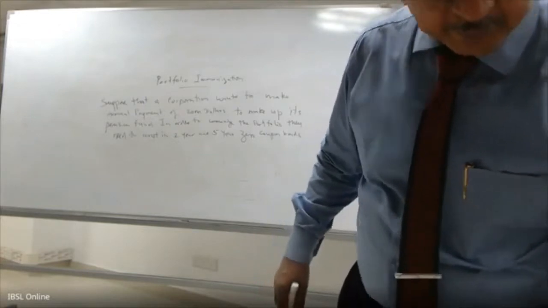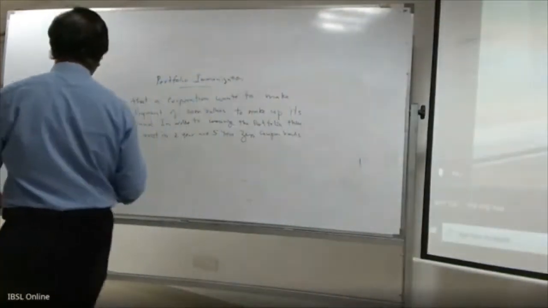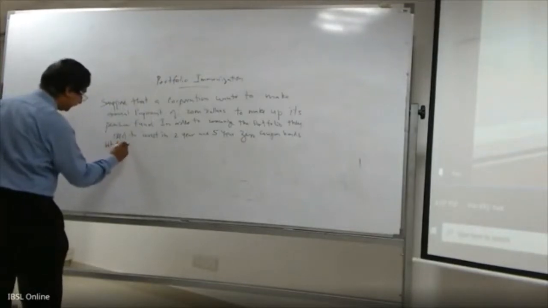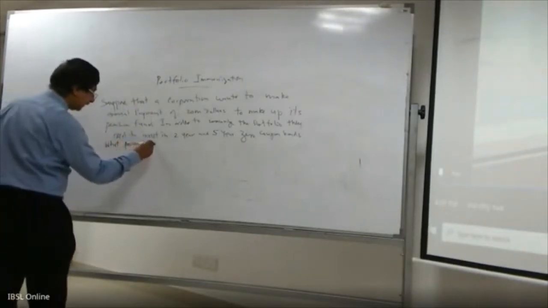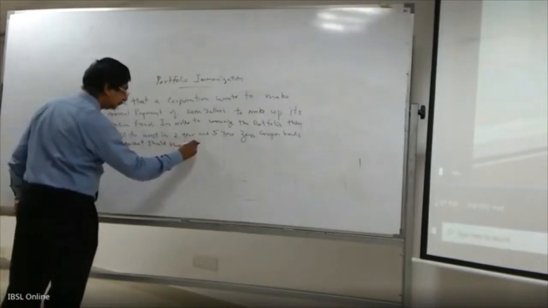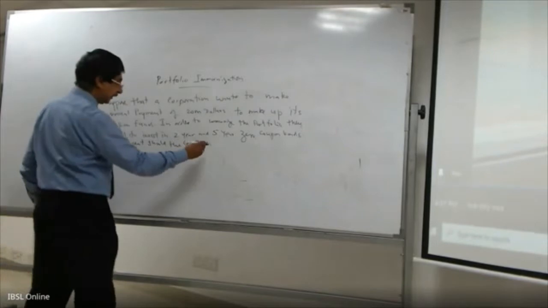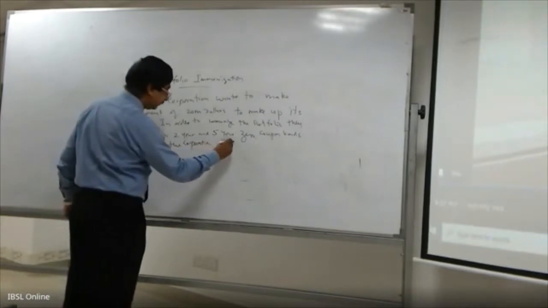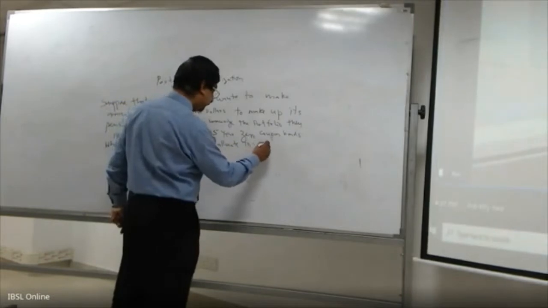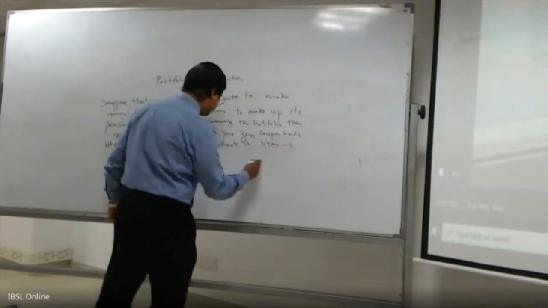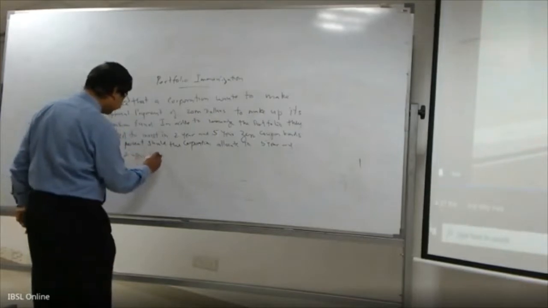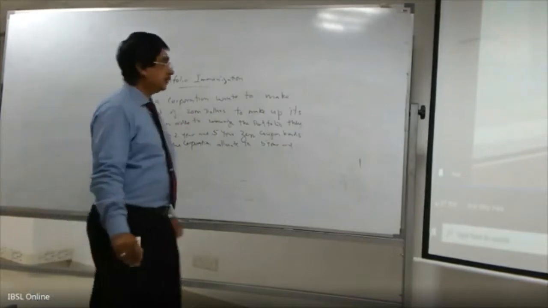What percent should the corporation allocate to 5-year and 2-year bonds?